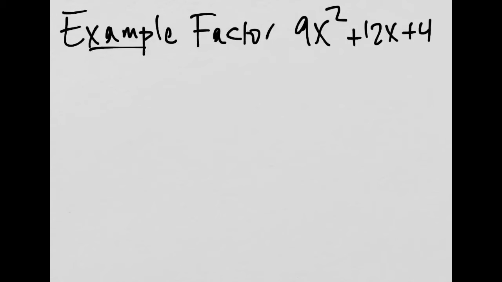Next, let's look at factoring 9x squared plus 12x plus 4. Now this expression can be factored using the trinomial method of sections 6.2 and 6.3.